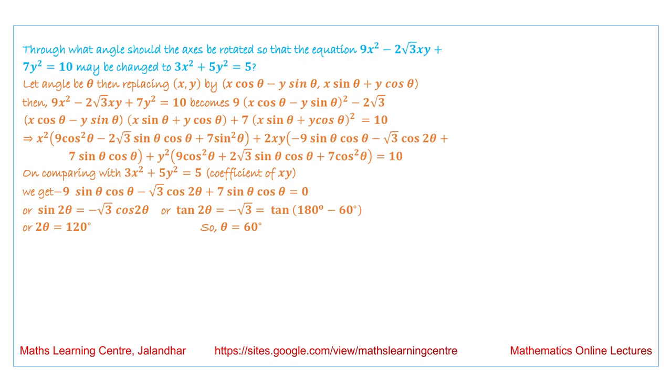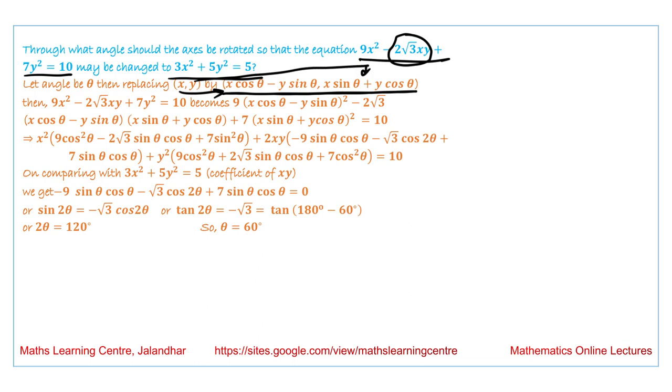Next is, through what angle should the axis be rotated so that this equation may be changed to this form. It means, again we want to remove the term containing xy. So, suppose the transformation we are making is x replaced by x cos theta minus y sin theta, and y replaced by x sin theta plus y cos theta.